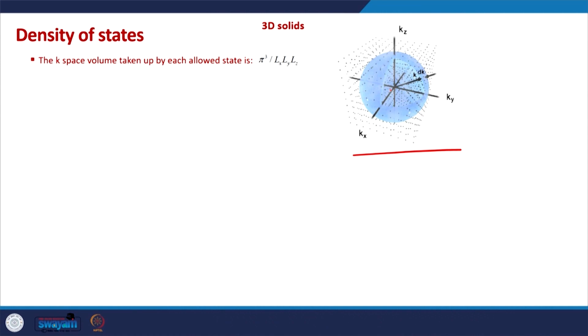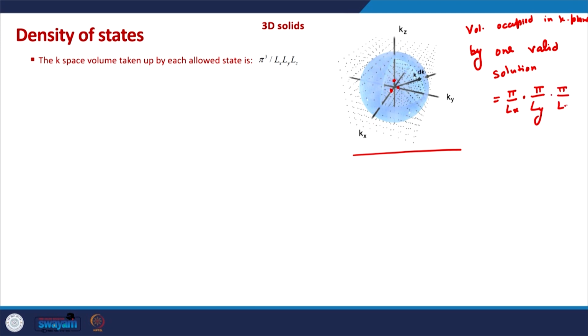So, in this k plane, if you closely look, the volume occupied in k plane by one valid solution, or by each allowed state, is pi by Lx times pi by Ly times pi by Lz.